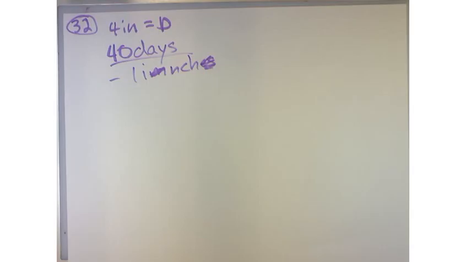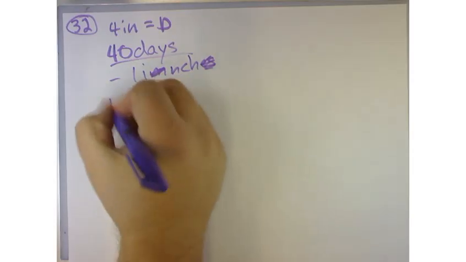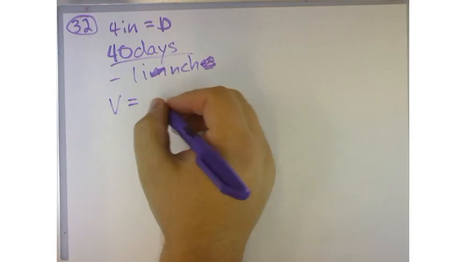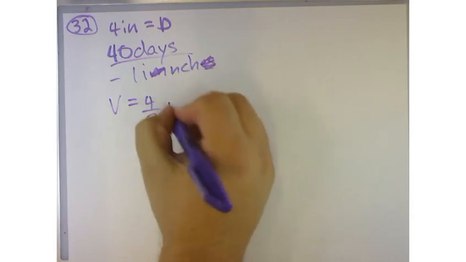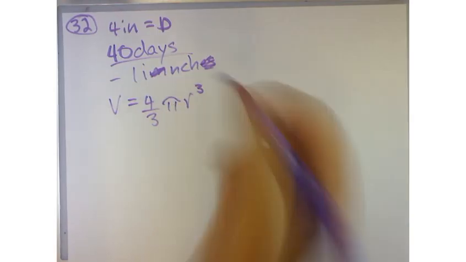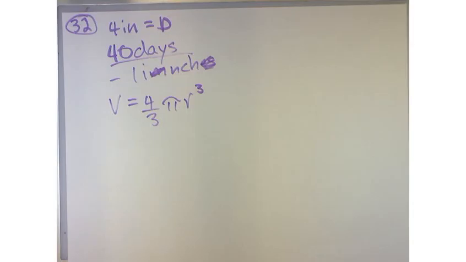Well, this is just like the one example problem. Remember the angioplasty thing that we did? It's the exact same thing, but backwards, right? So let's remember that the volume of a sphere is 4/3 pi r cubed, right?